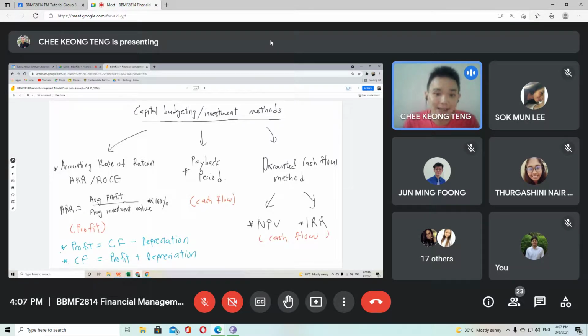Let's say you want to calculate ARR, but the question gives you something like the net operating cash flow for 1 year. You want profit, but the question gives you the cash flow. Don't panic. You just need to remember this formula. If you want the profit, you just use the cash flow, deduct any depreciation you can find from the question. Then you will get a profit.